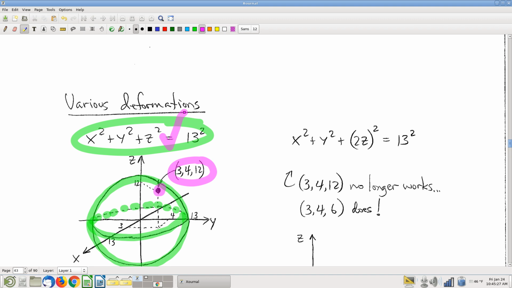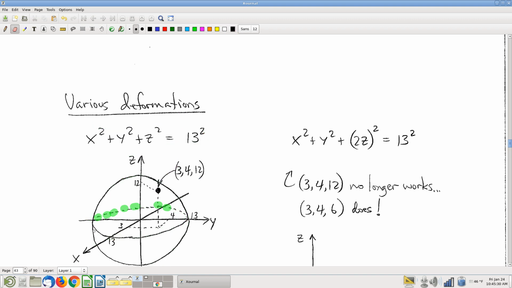Now, I'm going to ask the question, what happens to the surface if I were to, in this equation, and this is going to seem weird, but what if everywhere I saw a z, what if I replaced it with 2z?